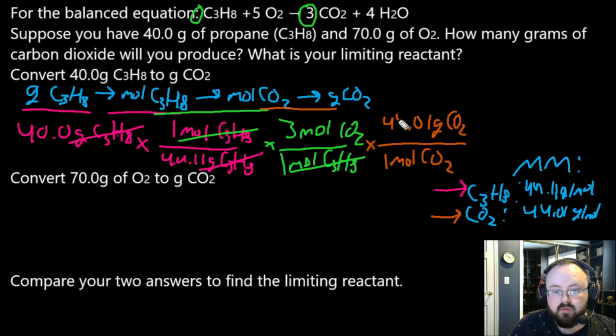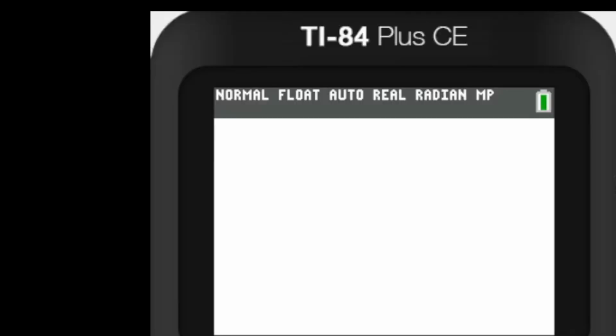Make my 4s look a little nicer. Third time's the charm. Now, all that I'm left with is actually doing this math and solving this. So, let me pull up my calculator and we're going to do this math.